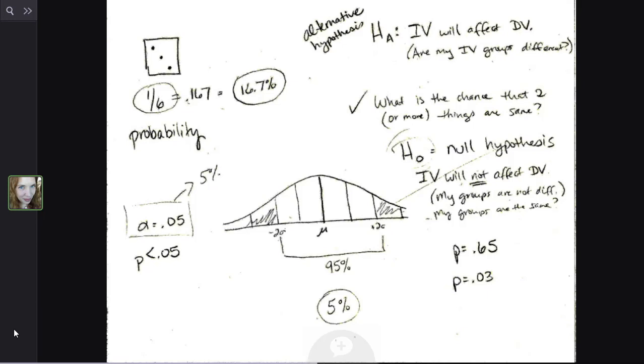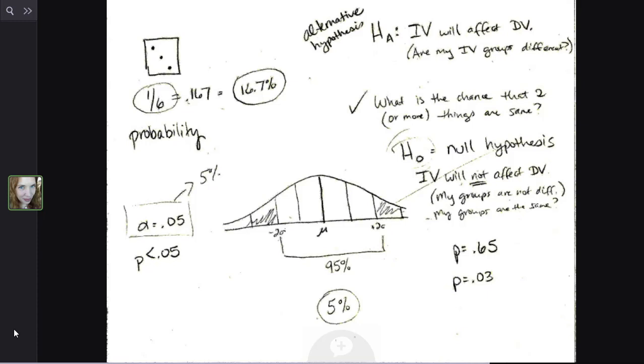If your p-value equals 0.65, which again is much greater than 0.05, that means there's a 65% chance that your groups are the same. So they're probably not different. But if your p-value is 0.03, which is less than 0.05, that means there's a 3% chance that your groups are the same. That probably means that they're different.